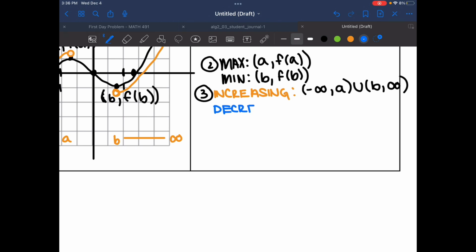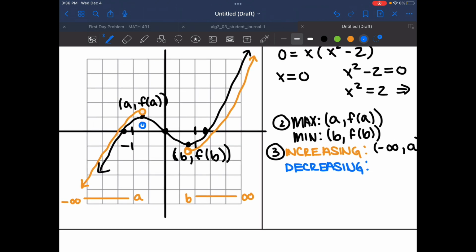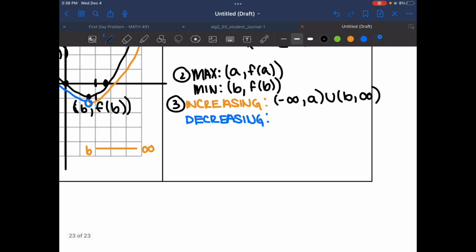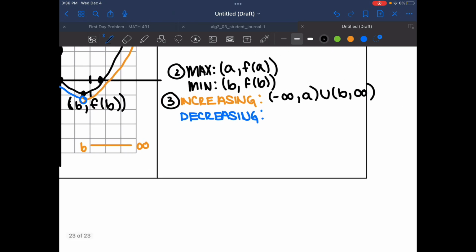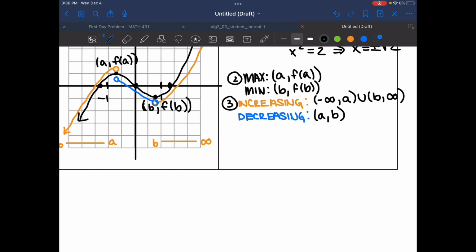Let's do decreasing now. Decreasing, I'm from a to b. Okay, so that is going to be from a to b.